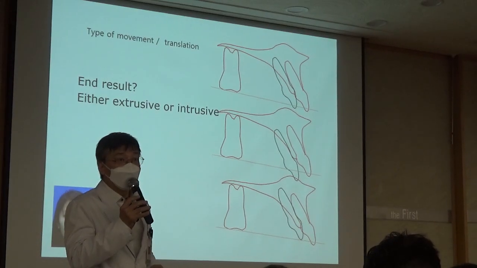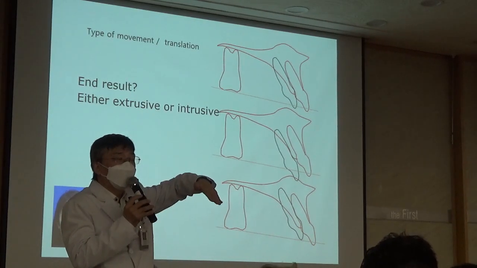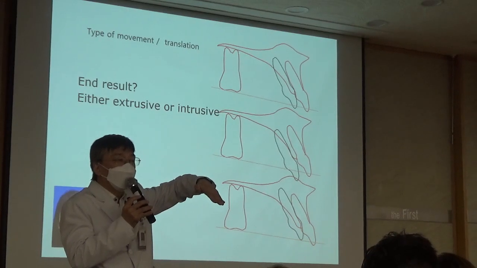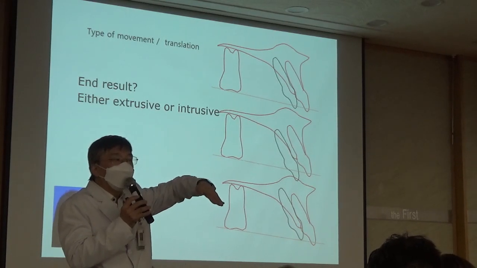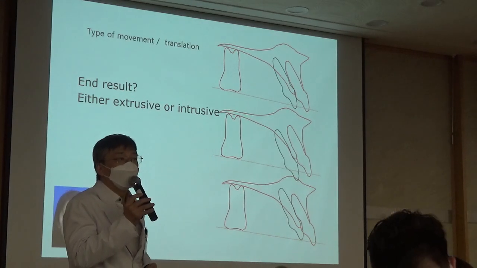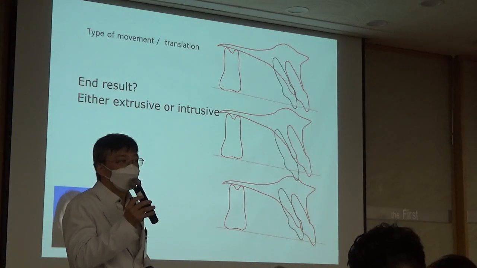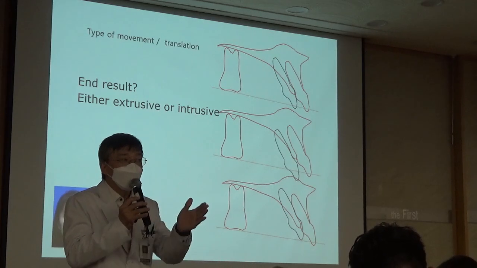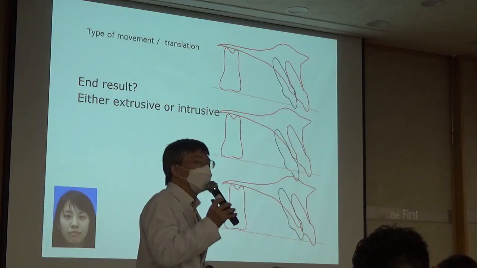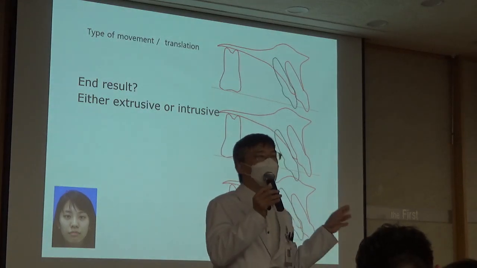And many times for bialveolar protrusion that has a normal overbite and overjet in the very beginning, you definitely need the intrusive component of force to be able to maintain the overbite and overjet throughout the retraction phase.